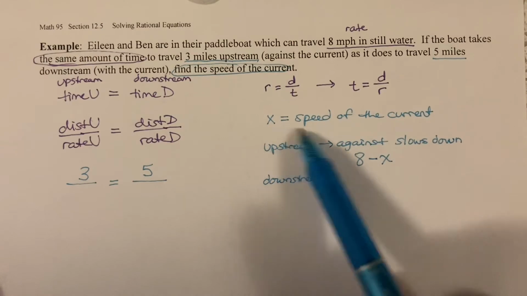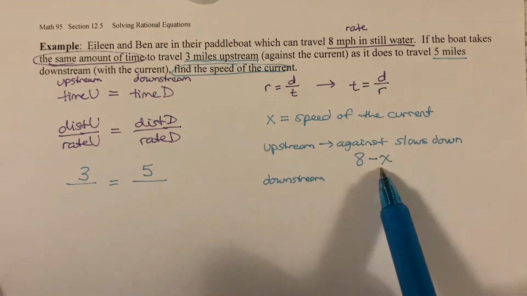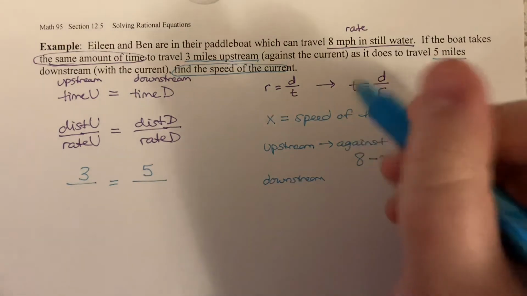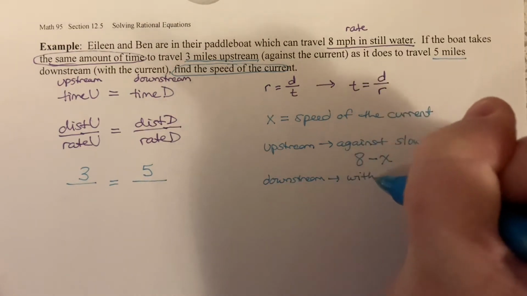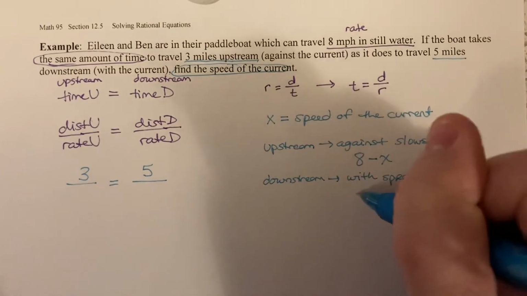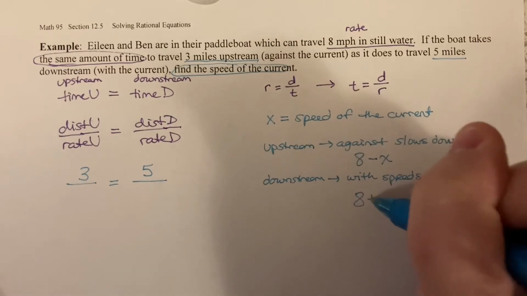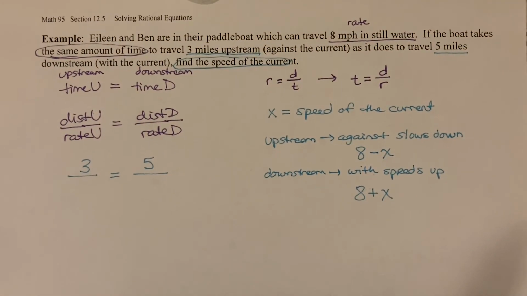If the speed of the current is x, it's going to take our 8 miles per hour and decrease that. But when we go downstream, we're with the current, and that's going to speed us up. So it'll take our 8 and add whatever the current is.